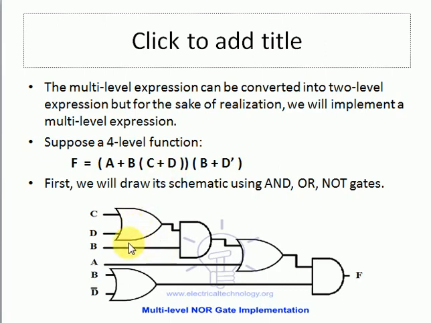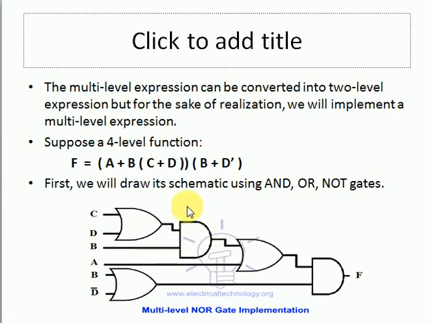First of all we have B here, and this B is multiplied with C plus D. So here we have an AND gate where one input is B and the other input is C plus D, and after that we get B into (C plus D).